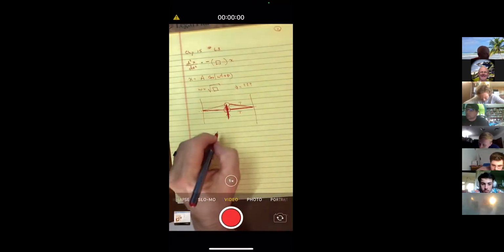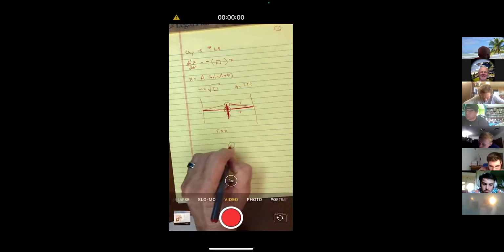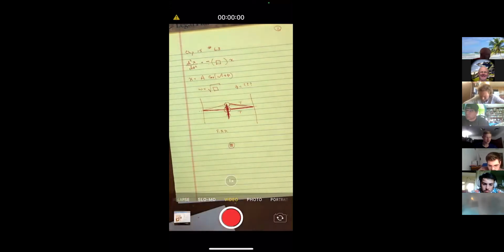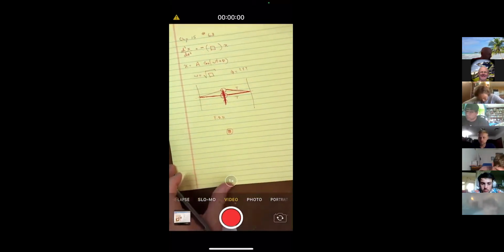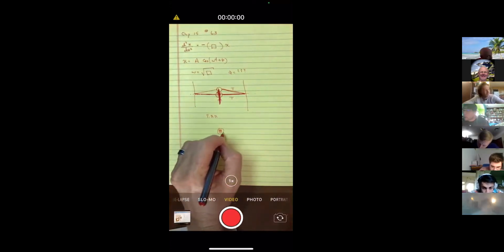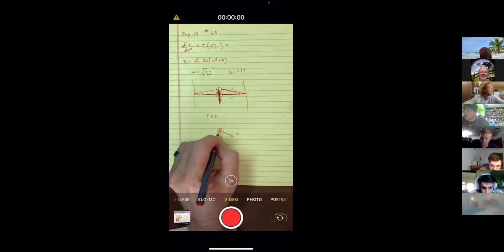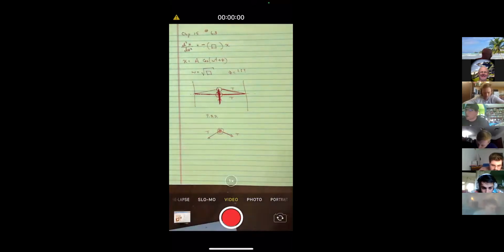Okay, so let me go to the free body diagram. Here's this object, and if you look at the restoring force here, I would have the tension T pulling this way, and a tension T pulling it that way.